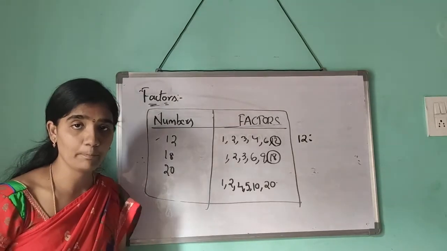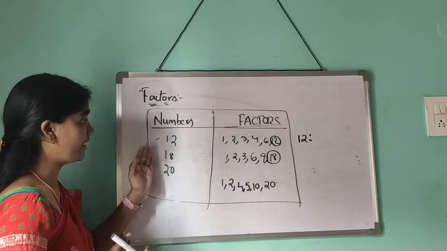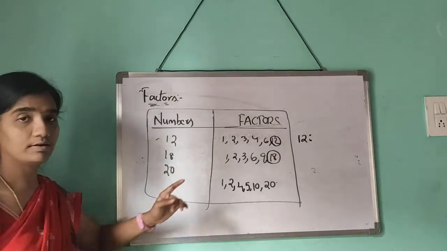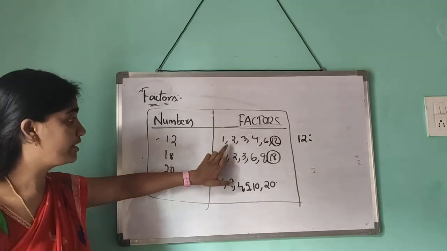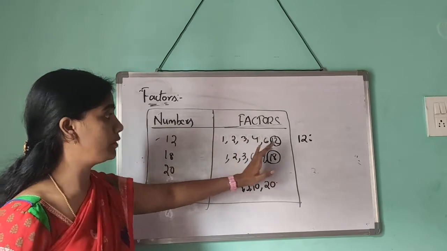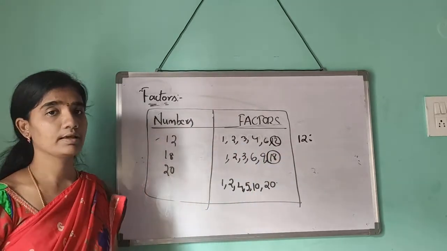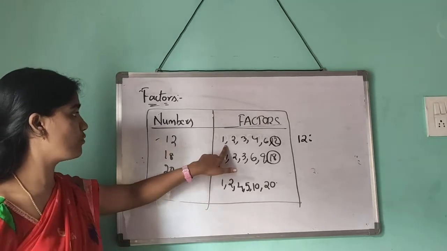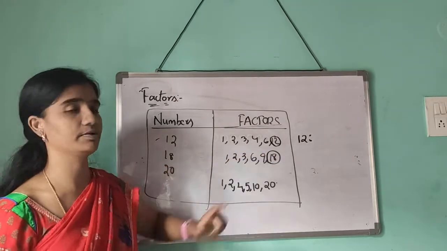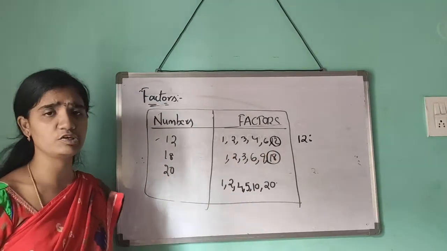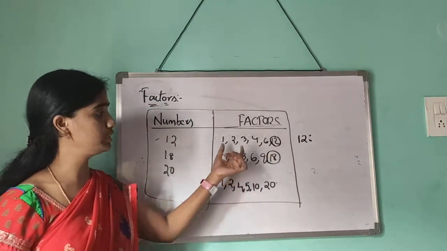One more important feature of factors is that the factors of a number are limited and countable. For example, for the number 12, the factors are 1, 2, 3, 4, 6, 12. These numbers are limited, and it is very easy to count them.